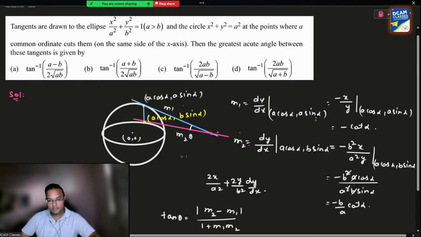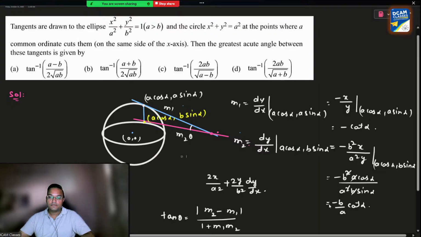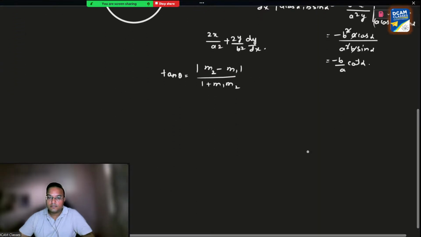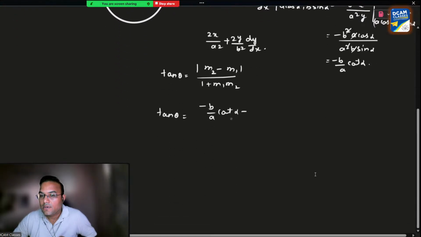Yes, sir. It's simple. And this way it should be easy. You just put the values. But the trickier part is how you will get the maximum value. Because the tan theta, if I do, will be minus b by a cot alpha minus of minus cot alpha. No?